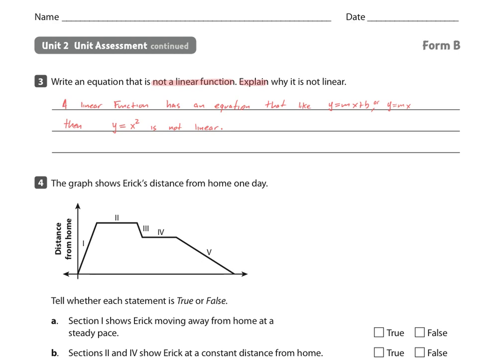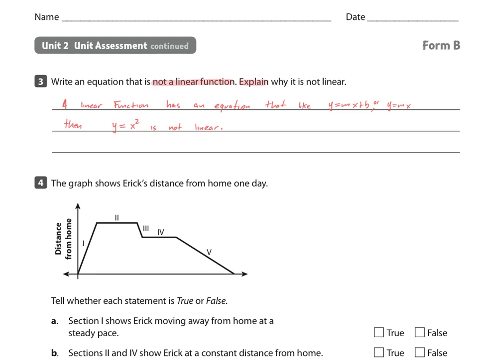Okay? It's not linear because it doesn't look like y equals mx plus b or y equals mx. It has an exponent of 2. In this case, we don't have another exponent. This one has an exponent. That is the easiest way to do this question. Just give me something that is not linear and explain why it's not linear.